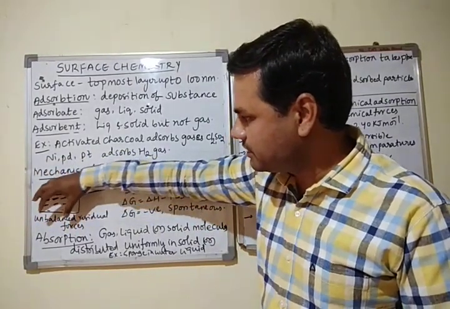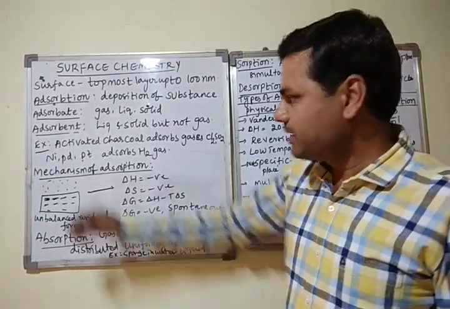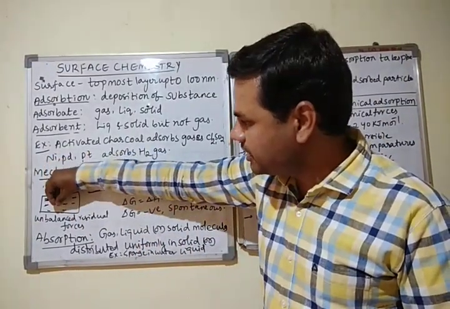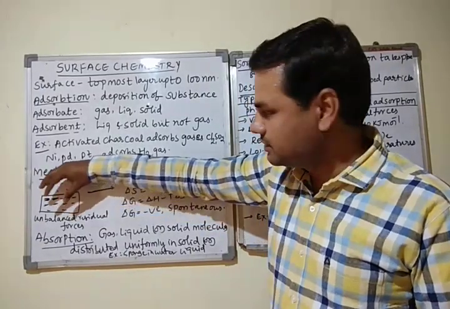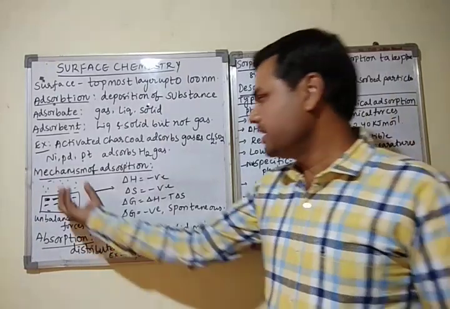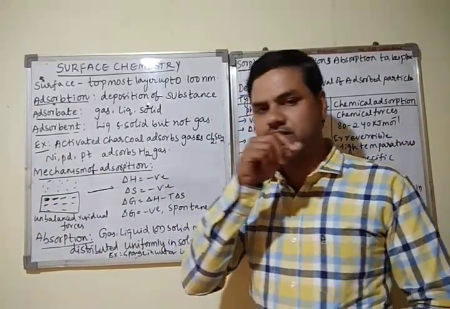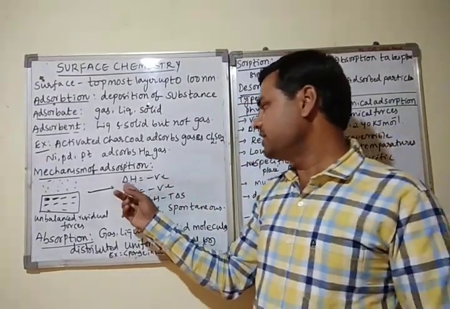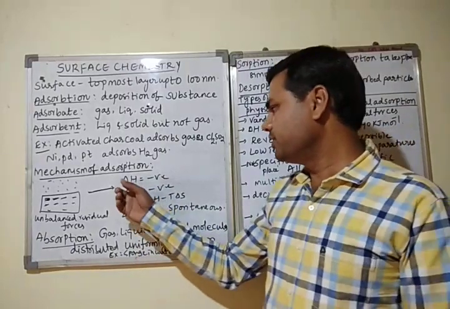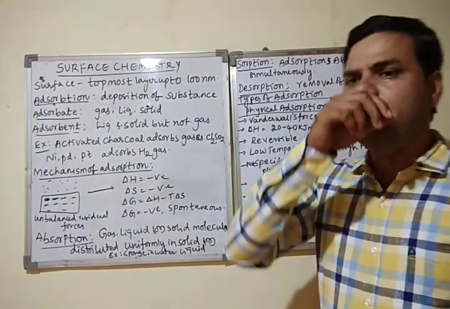Here you remember how the process takes place. First, the molecules present in the adsorbent do not show equal forces. When the adsorbate particles come near to the adsorbent, unbalanced residual forces will be developed, so they are attracting these. When the unbalanced residual forces develop, there is always a decrease in temperature, denoted with a decrease in enthalpy, that is, delta H is negative.